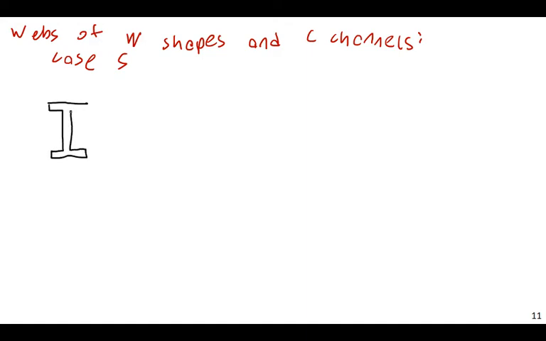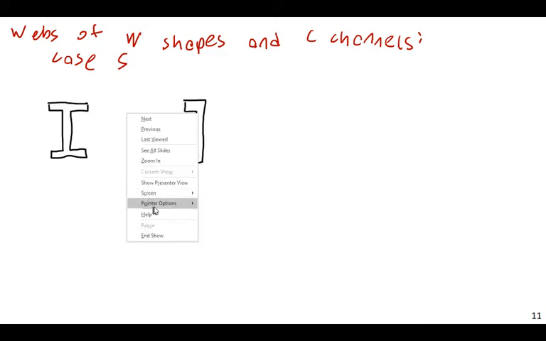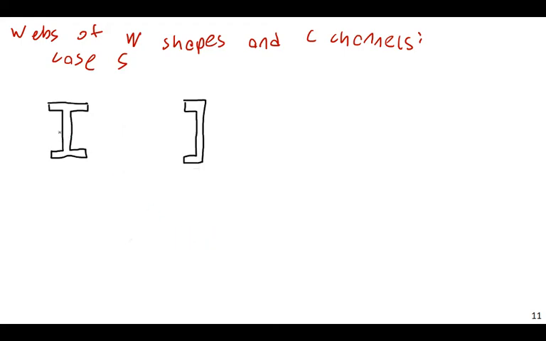But when you look at the stem of a T, you would have to use Case 4 rather than Case 5. So you just have to be very careful about which case you're using, not to be confused and use the wrong one. Otherwise, you'll predict incorrect limiting width to thickness ratios.